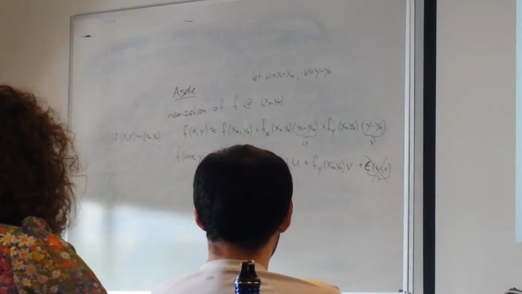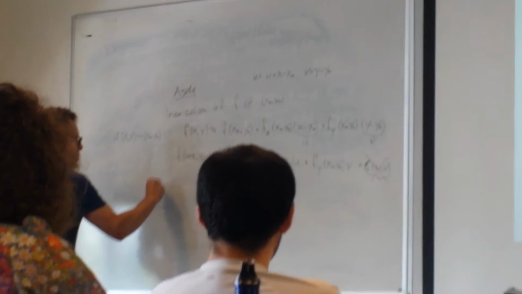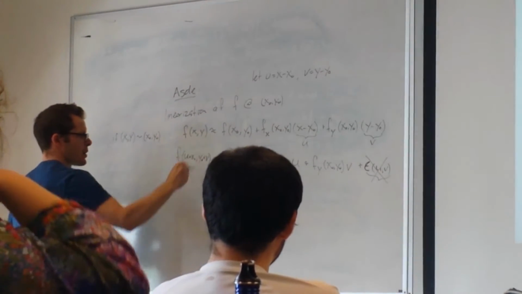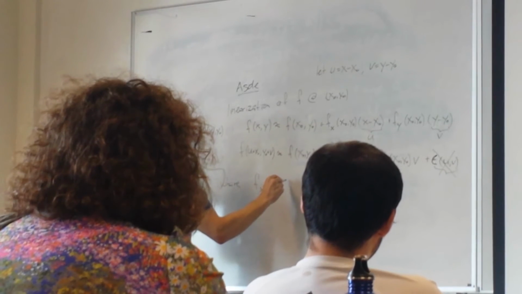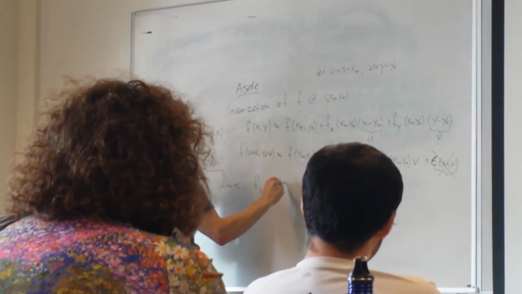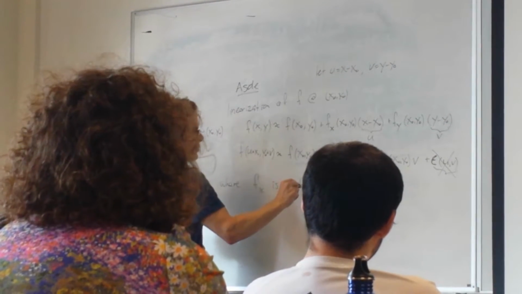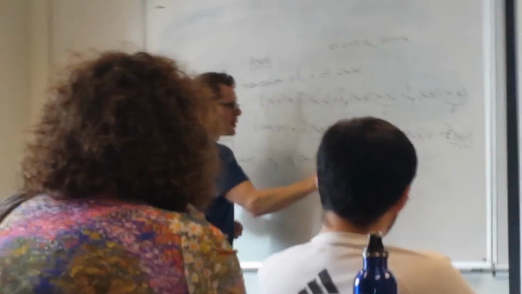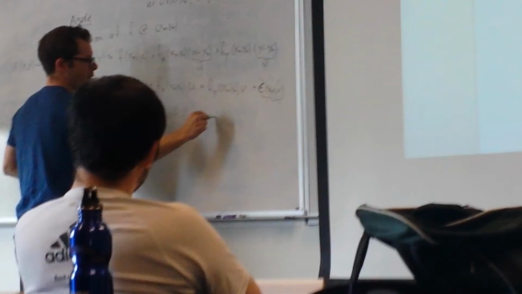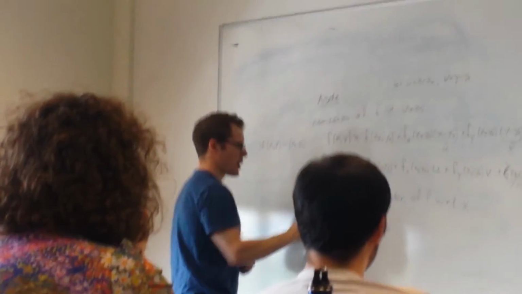Okay? And one other note, if you just walked in, f sub x refers to the partial derivative with respect to x. So the partial derivative of the function f with respect to the variable x. Okay?